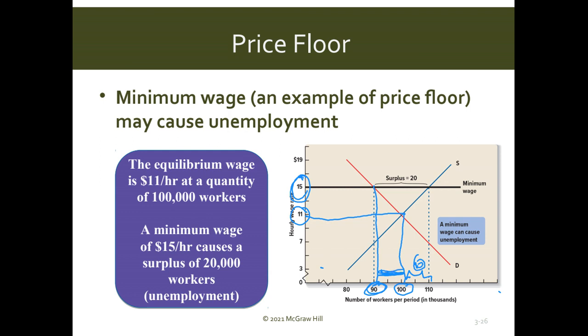Because the employers are not willing to hire all of them, because they are giving higher wages. So they are now more picky. And also, some of the workers who were not working even when the price was 11 are now willing to work, and they also can't find a job at $15. So these 20 workers are unemployed.